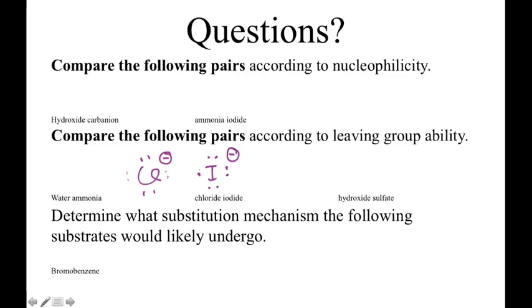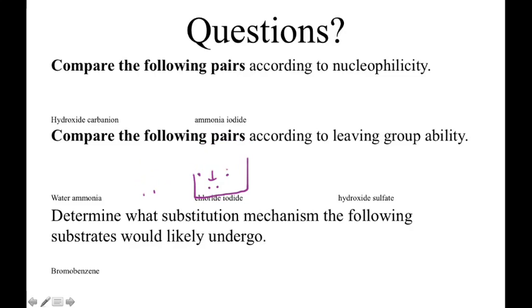Again, what we're trying to do is see which one can hold those electrons better. Our first rule of thumb on trying to determine electron reactivity is size. The bigger it is, the charge is distributed over a larger area, meaning it's effectively a smaller charge. When we evaluate these two, iodide has it spread over a much larger area. Iodide is the better leaving group.